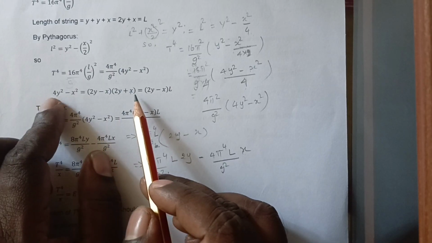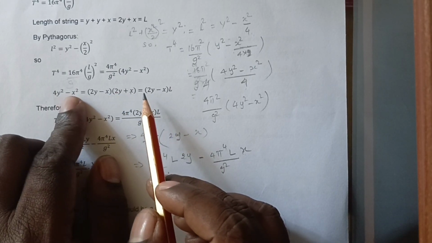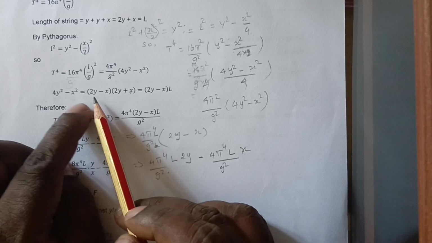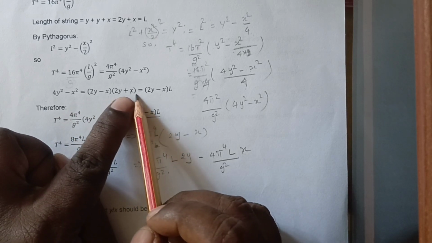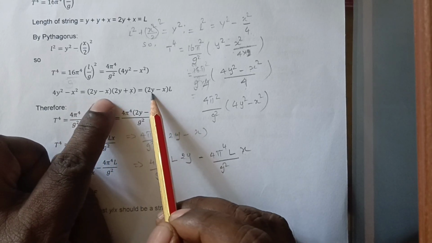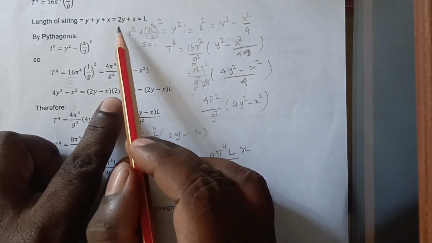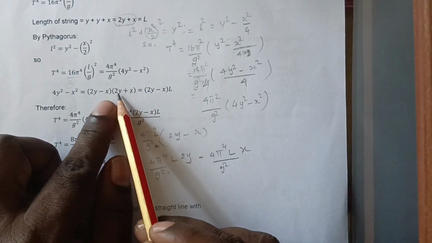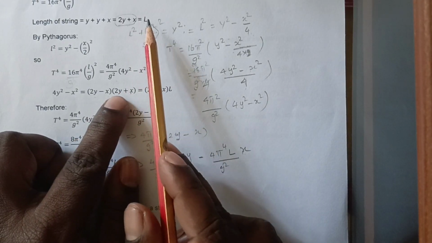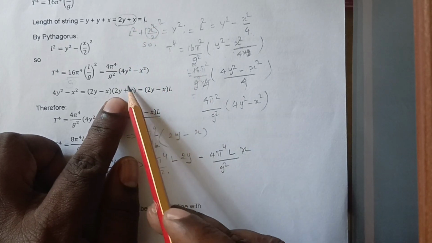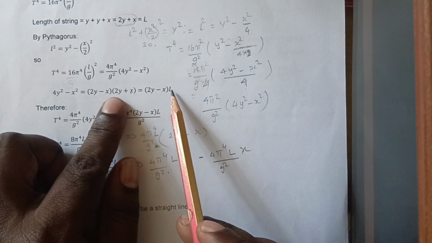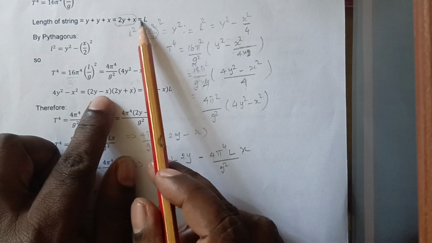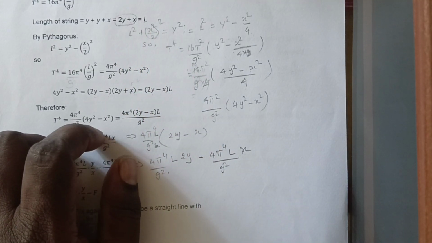Here 2y plus x equals L, so instead of 2y plus x I write this L value.